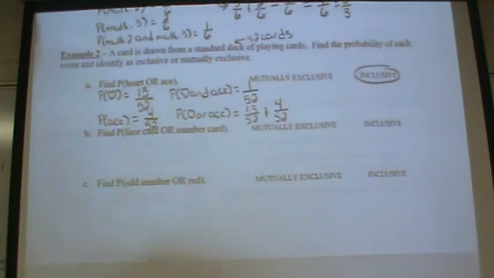So to find the probability of a heart or an ace, we have to take our probability of a heart, which was 13 over 52, add the probability of an ace, which was 4 over 52, and subtract the probability of when they occur together, which was 1 out of 52.